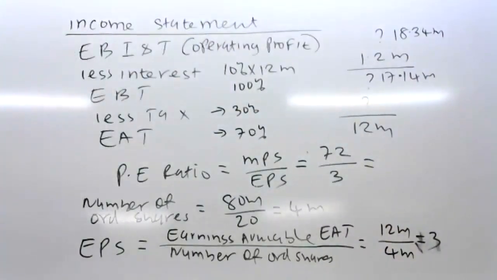To calculate it, it is simply earnings before interest and tax divided by the sales, also shown as a percentage.